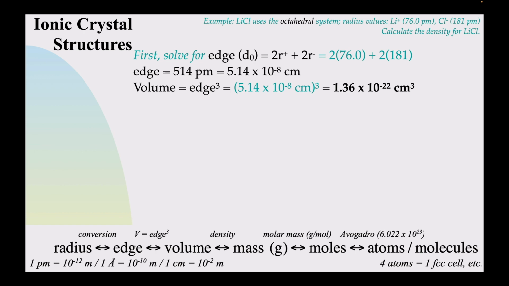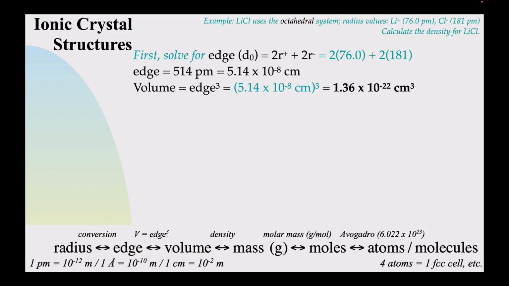So let's turn the picometers into centimeters. And I'm going to let you do this on your own, but the answer comes out to be 5.14 times 10 to the minus 8 centimeters. And again, why we're doing that is because edge cubed equals volume. Volumes are often in centimeters cubed, so 5.14 times 10 to the minus 8 to the third power is 1.36 times 10 to the minus 22 centimeters cubed.